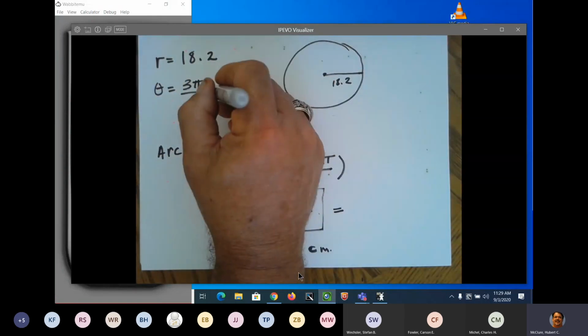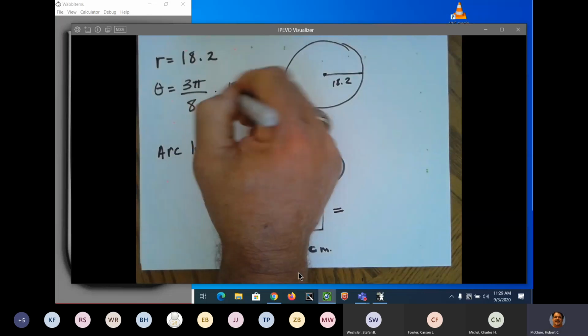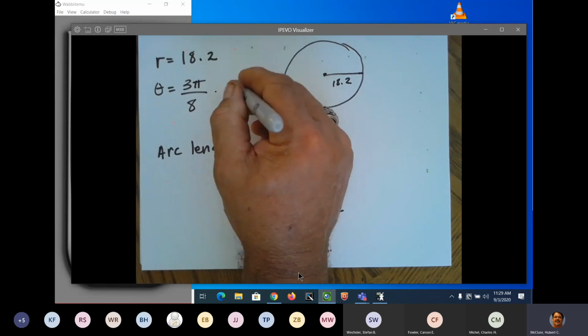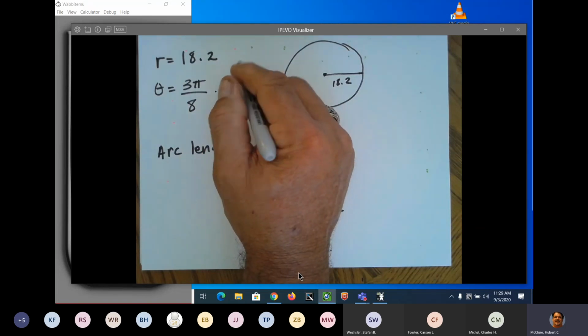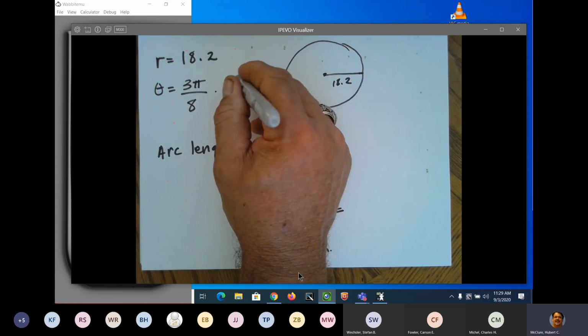Let's turn this into 180 over pi. Pi's cancel. That leaves you with 8 into 180. 8 will go in there, what, twice? It won't go in there. I'm trying to think of 4. 4 will go into 8. Yeah, I think 4 will work. Yeah, 4 would be 45.